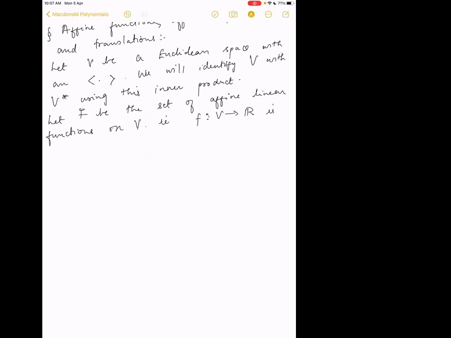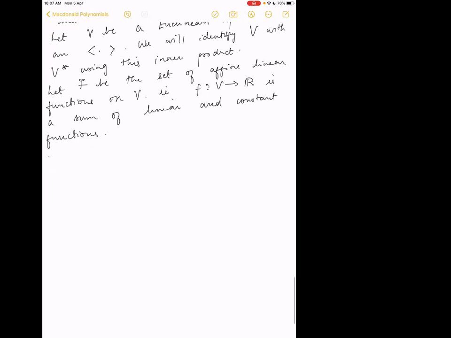that is a sum of linear and constant functions. So basically F is V plus R C, where C in F is the constant function 1.